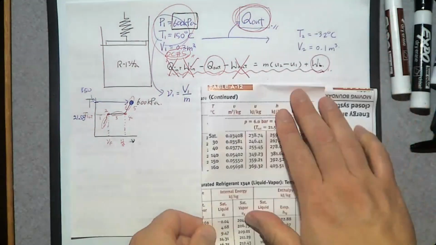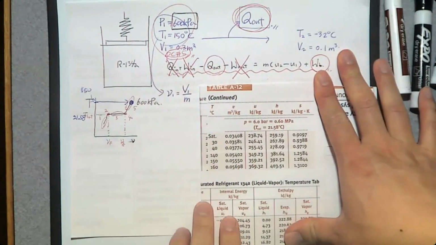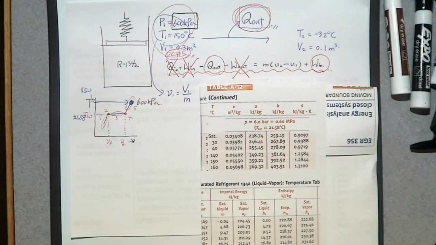It is right here. Table A12, superheated vapor table, when pressure is 0.6 megapascal. 1 megapascal is 1000 kilopascal, so 0.6 megapascal is 600 kilopascal.